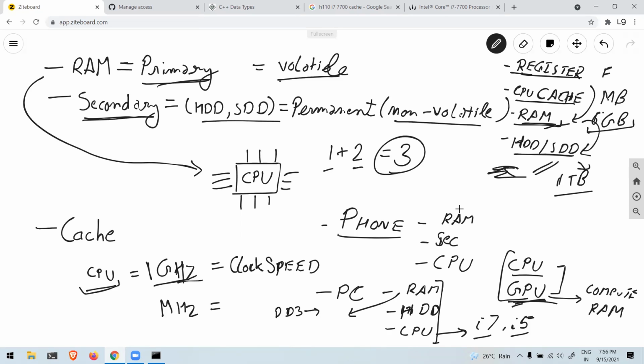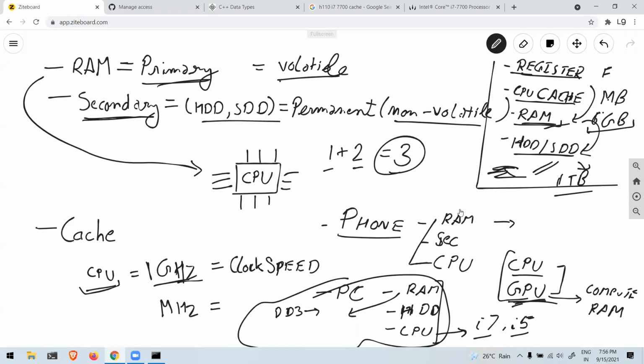I check at least that, apart from the quantity of RAM. Versus when you look at a phone, they don't publish these kinds of specs about what RAM they are using. I couldn't find it, at least when I tried to search. So in phones, it's a different domain, but we are talking in terms of computer systems and servers, and all of them will have this kind of notion. And this is your memory hierarchy for computer systems.